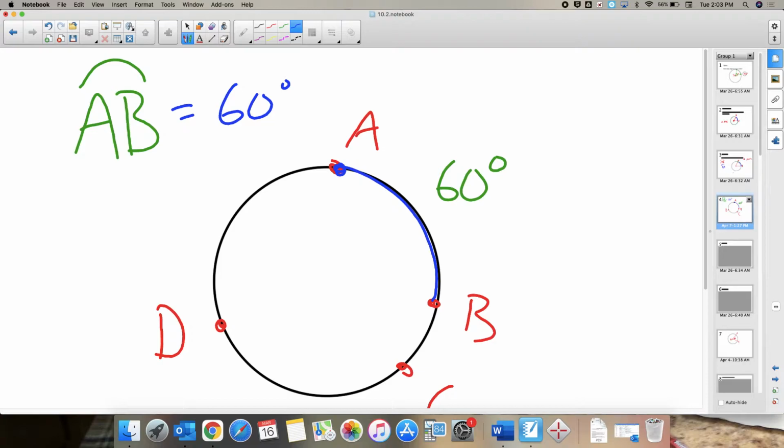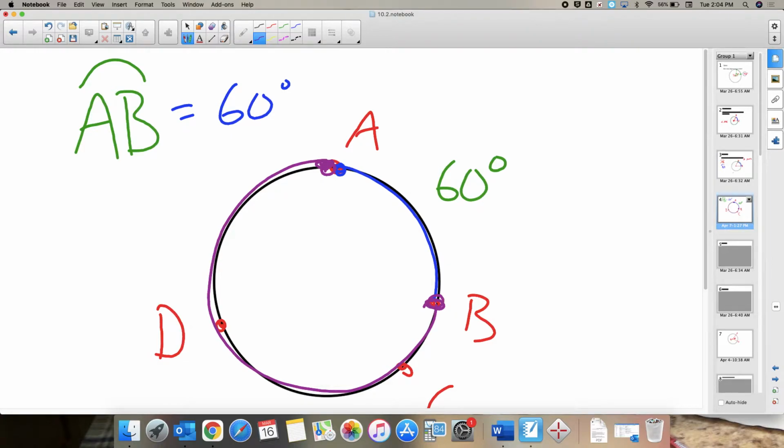Now, some people do try to make the argument, well, can't I go from A to B this way? And yes, you can, but you no longer make a minor arc. You make instead what we call a major arc. If I want the arc that is bigger than 180, my longer way around, it is not known as a minor arc.